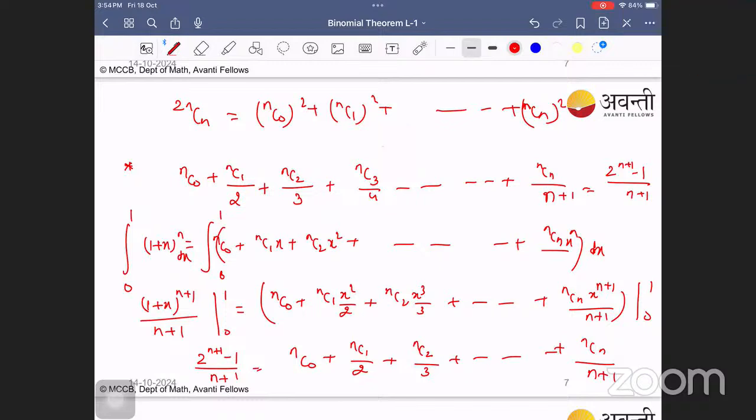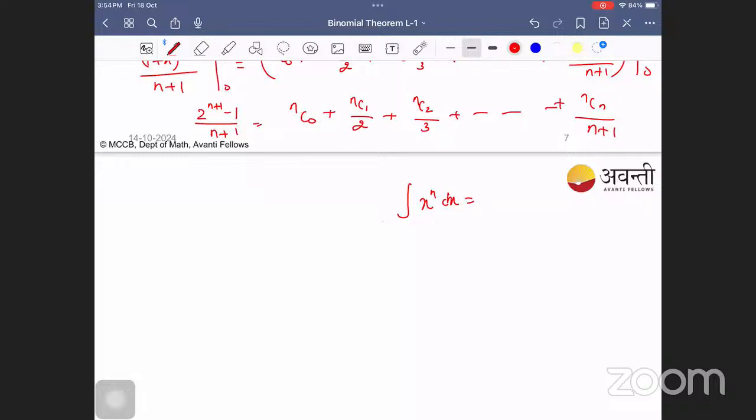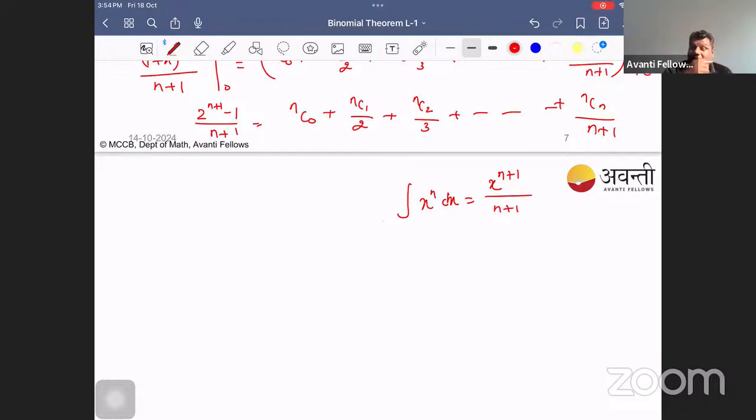Could you explain again? Yeah, why not? See, before that, are you aware that the integration of x to the power n is what? Are you aware of that? Yes, sir. What's that? n into x to the power n minus 1. Although that's the derivative. The integration is x to the power n plus 1 by n plus 1, sir. Yes, it is x to the power n plus 1 upon n plus 1. This is integration, which is the reverse of differentiation.